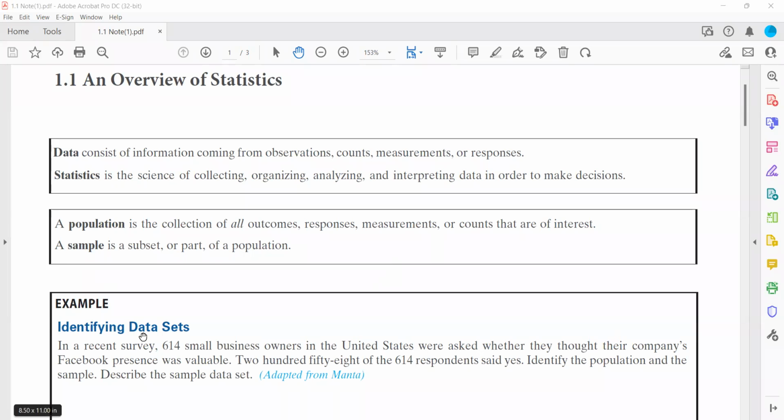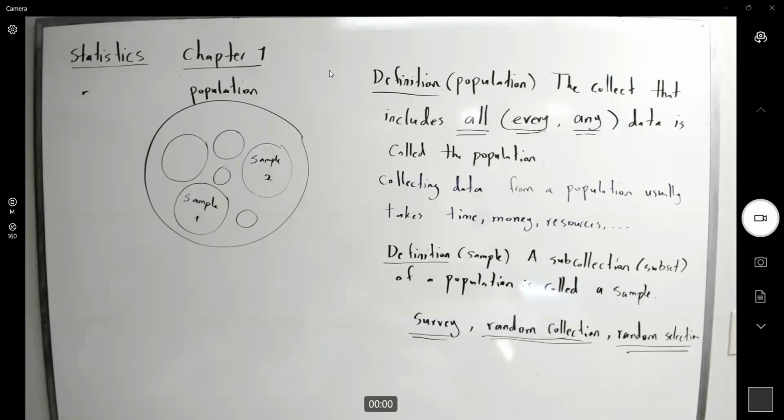So in this example, identify the data set. In a recent survey, 614 small business owners in the United States were asked whether they thought their company's Facebook presence was valuable or not. 258 of 614 respondents said yes. What is the population and what is the sample? Our goal is to identify the population and the sample here.